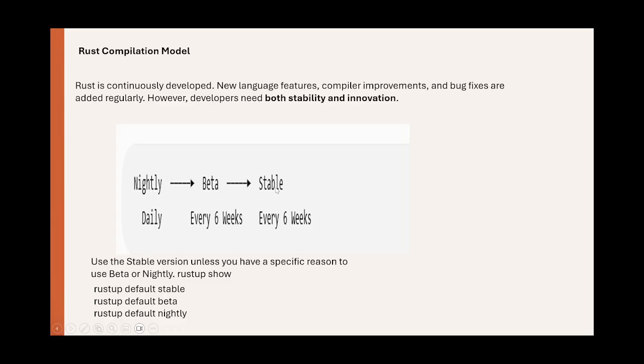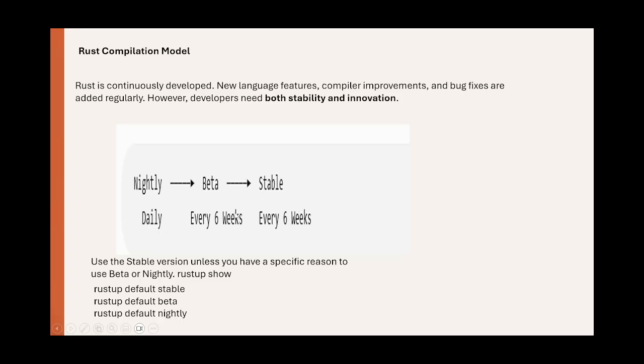The stable channel is the recommended version of Rust for almost all Rust developers. When you install Rust, we always get the stable version. The stable version is thoroughly tested, reliable and production ready. It's updated every 6 weeks and most companies use the stable version.